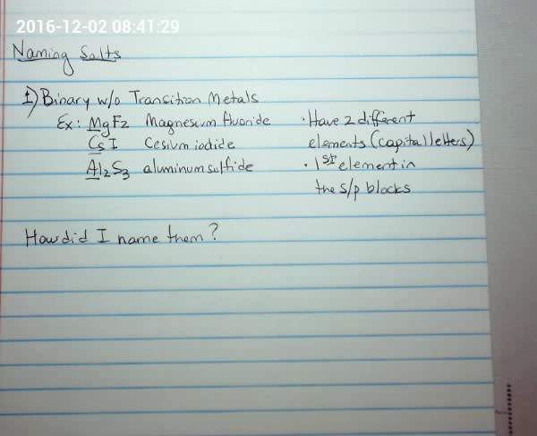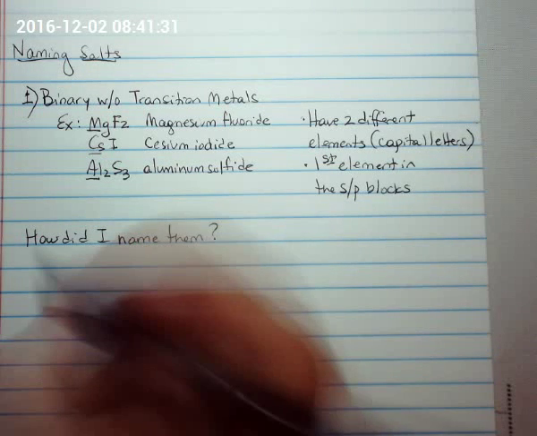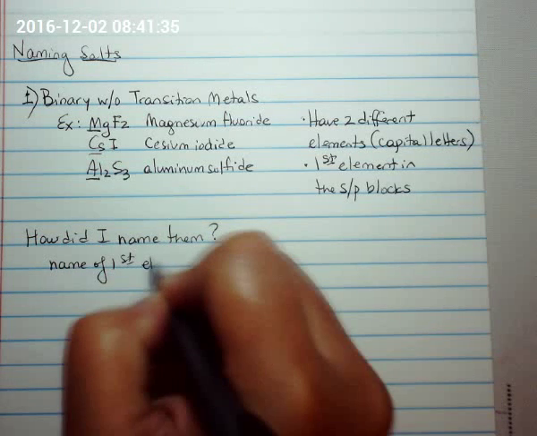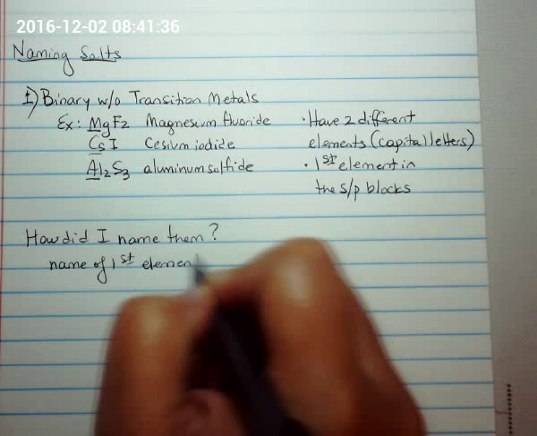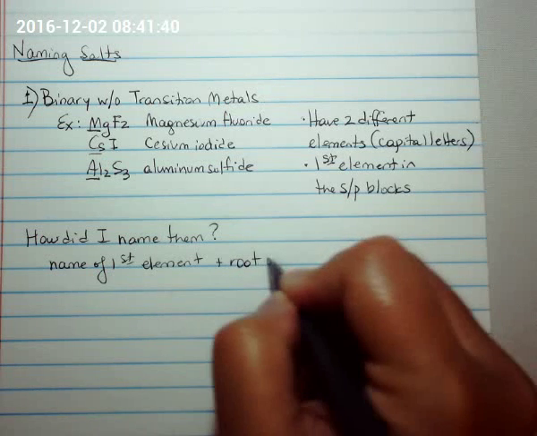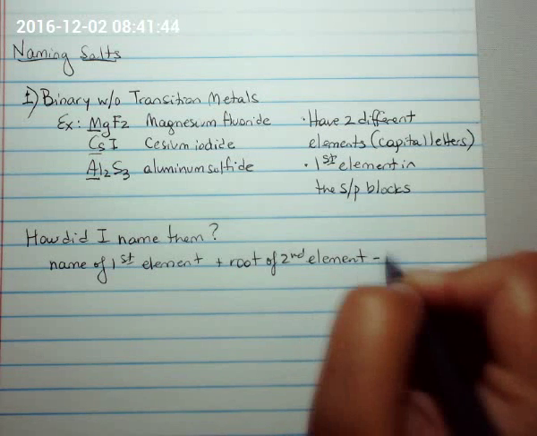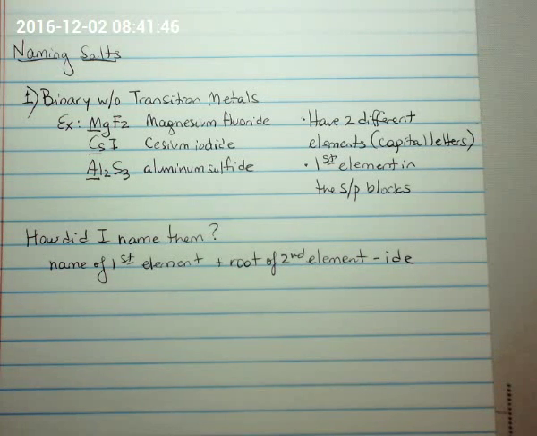I took the name of the first element. I took the root of the second element. And I simply added "ide" on the end. For binary things, it's always "ide" at the end.